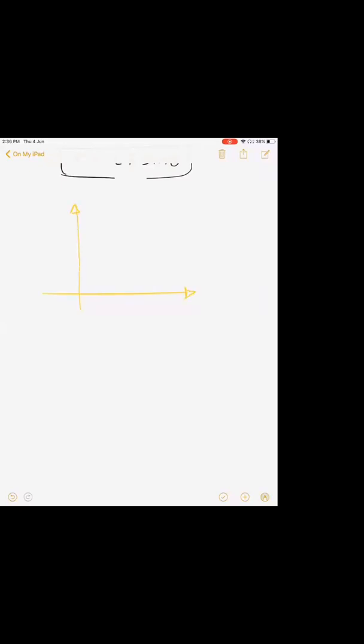This is the x-axis, this is the y-axis. Suppose this is the origin, and suppose this is a point, let's say x comma y. Now let's assume a force F vector is acting on it.